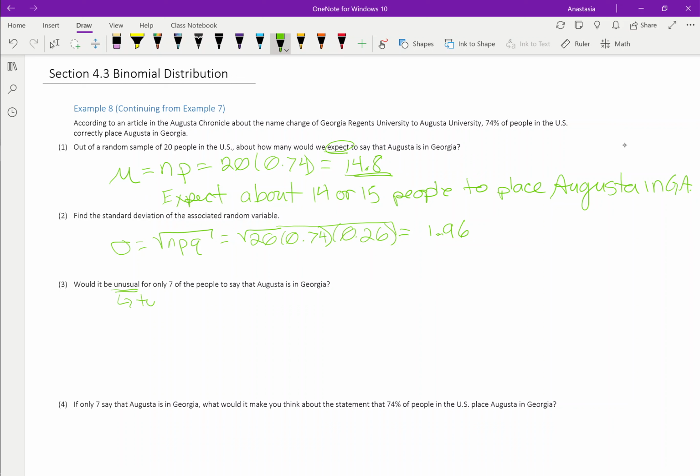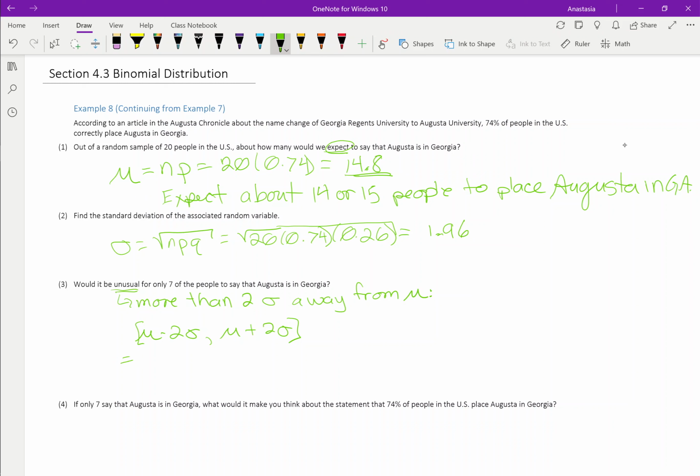Specifically, that would be more than 2 standard deviations away from the mean, mu. So we could look at mu minus 2 sigma to mu plus 2 sigma, that interval.